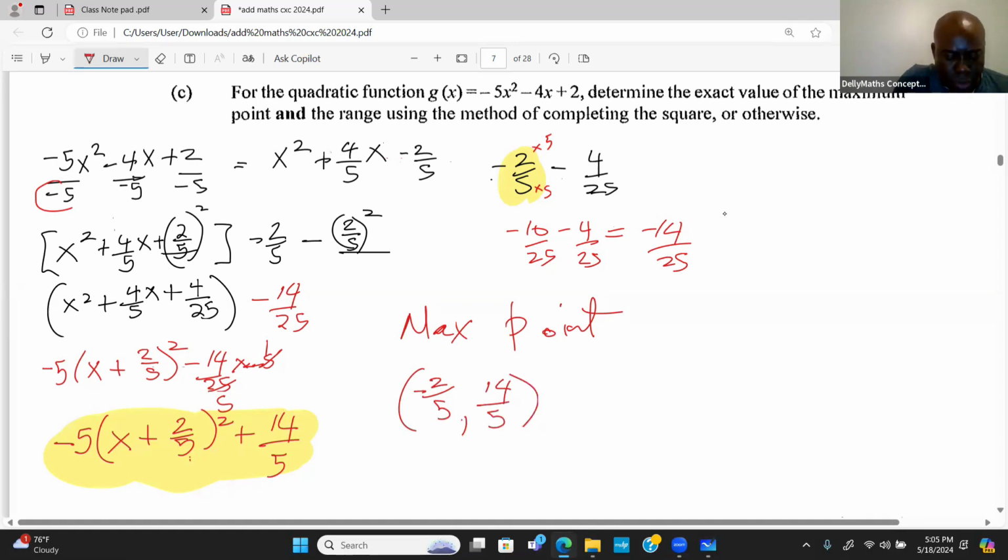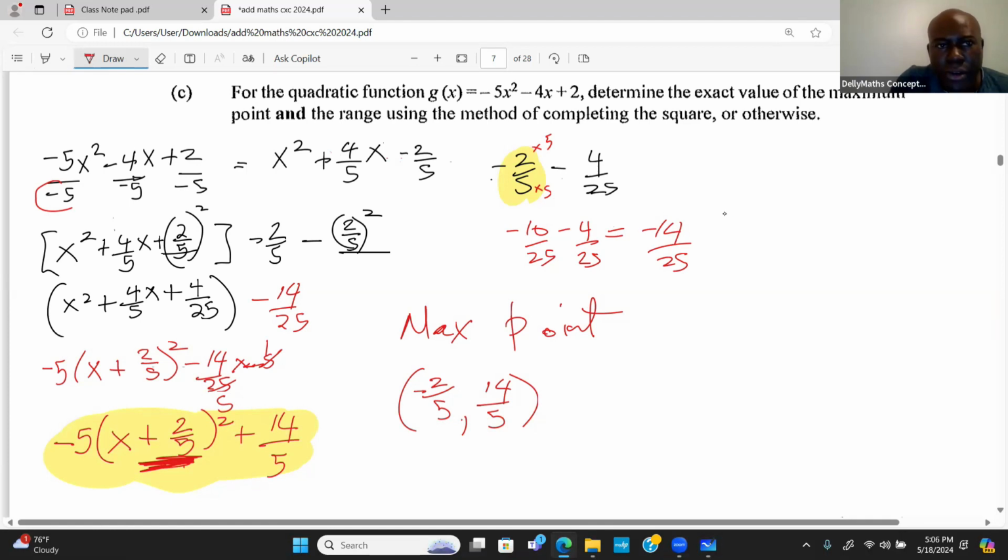Remember though that the maximum point, this is not it. It's the opposite of this that will give us that. So it is actually the point negative 2/5, 14/5.